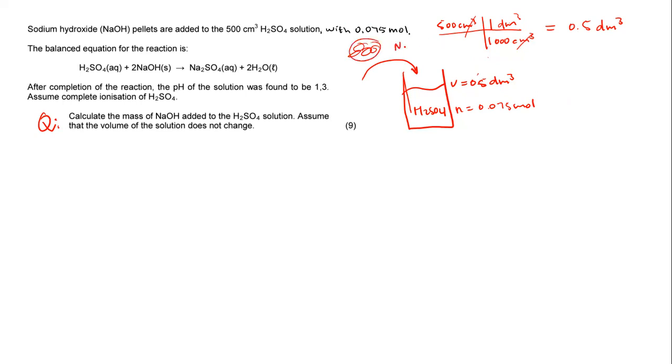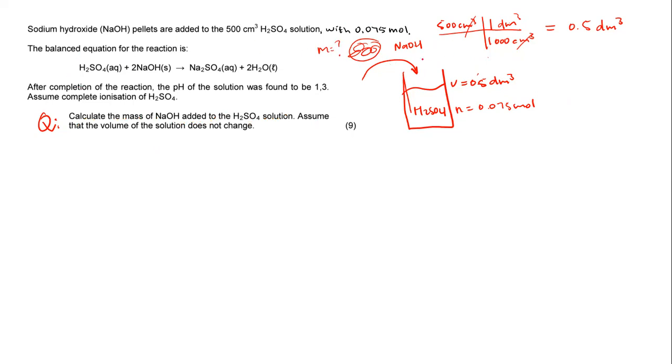But the mass of these pellets of sodium hydroxide is unknown. Hence why the question says calculate the mass of sodium hydroxide added to the H2SO4 solution. So this mass is unknown, which is what we will be looking for.